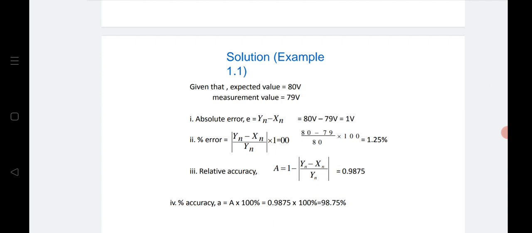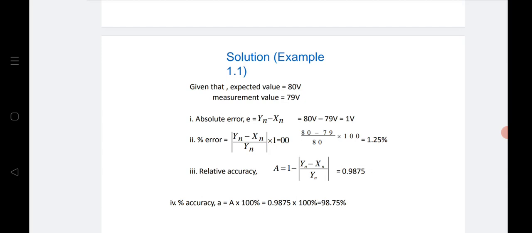What is the percentage of error? Percentage of error is expected value minus measured value divided by expected value into 100. It is 1.25 percent. What is relative accuracy? Relative accuracy is equal to 1 minus (expected value minus measured value) divided by expected value.